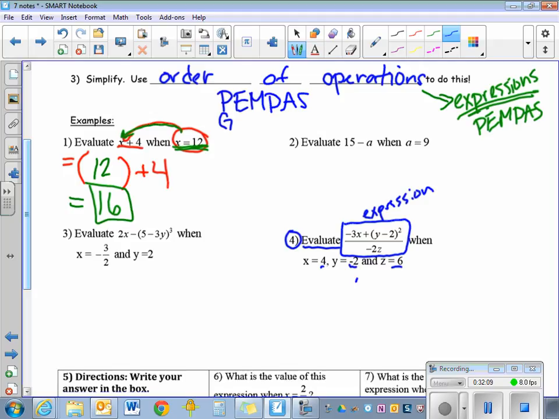And we're going to take those values, and I'm going to substitute in 4 for x. I'm going to substitute in negative 2 for y. I'm going to substitute in 6 for z. Again, we're just substituting for each of those variables.